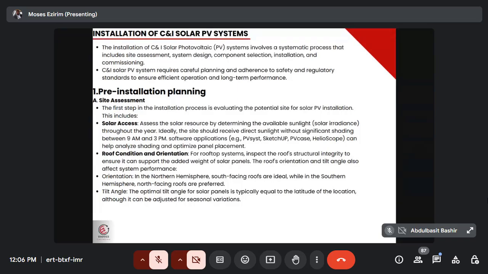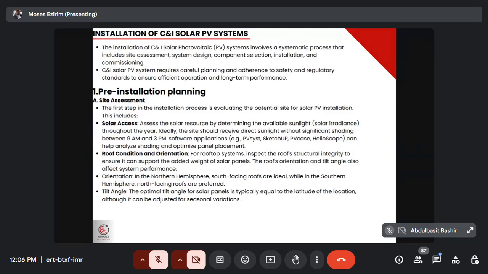Now orientation too is key. You mostly hear people ask, why am I not getting enough energy from my system? You mostly hear it is the orientation. That is the reason why I mentioned to you that I prefer ground mount to roof mount.